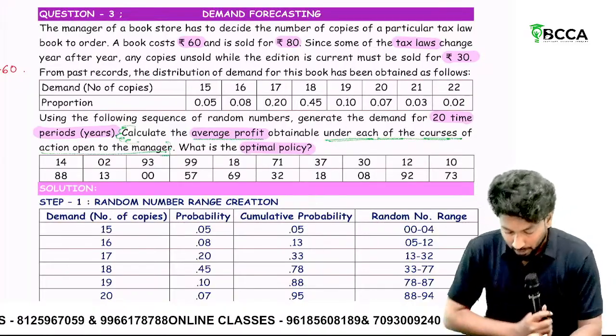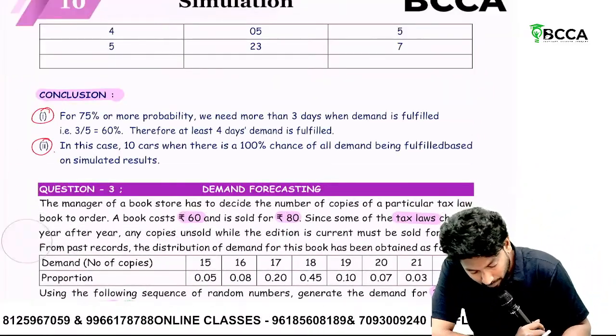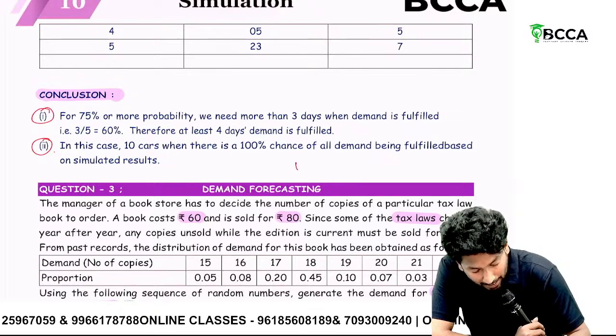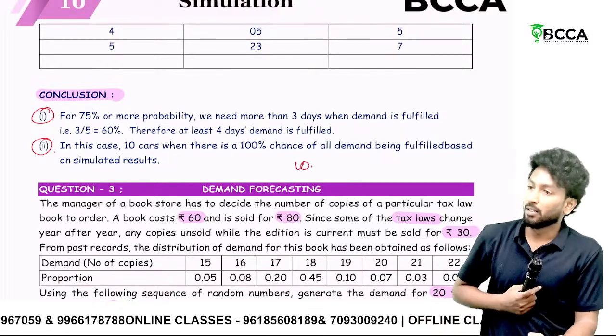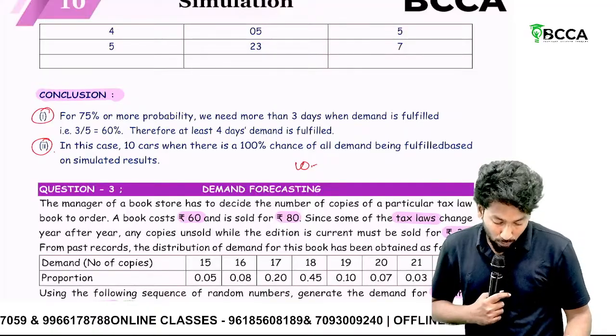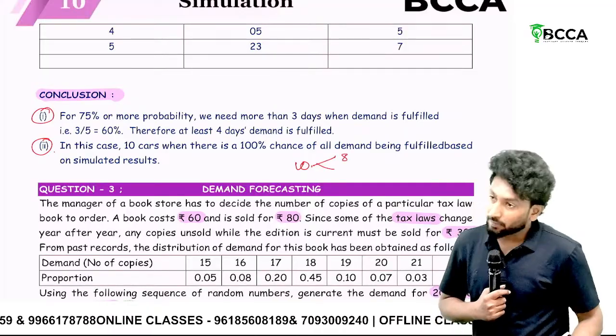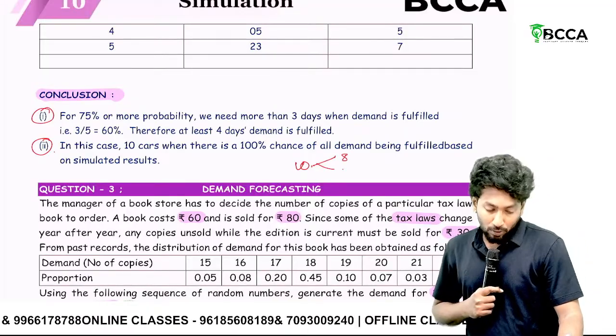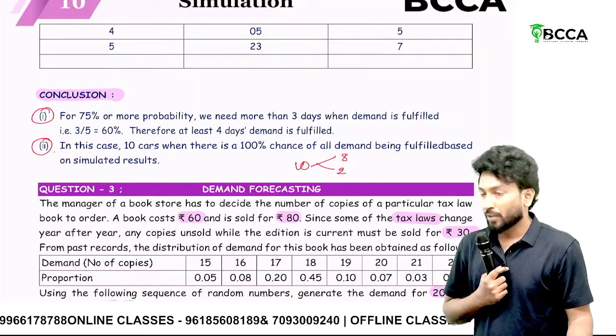See, for example, I have purchased 10 tax law books. Out of these 10 books, I could sell only 8 books. 2 books remained unsold.